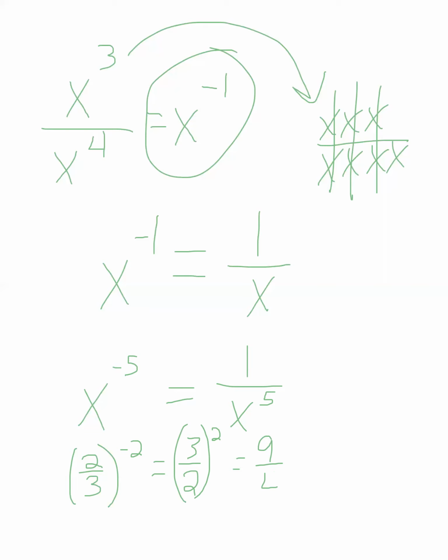Well, let's say I had 2 over x to the -3rd. Okay, this looks awful, but it's really not that bad. I'm going to show you a super shortcut in a minute, but I want you to understand why it all works. Think about what we just said about a negative exponent.